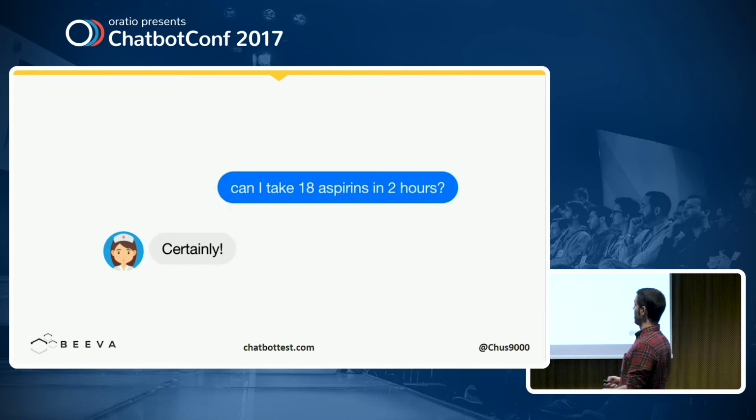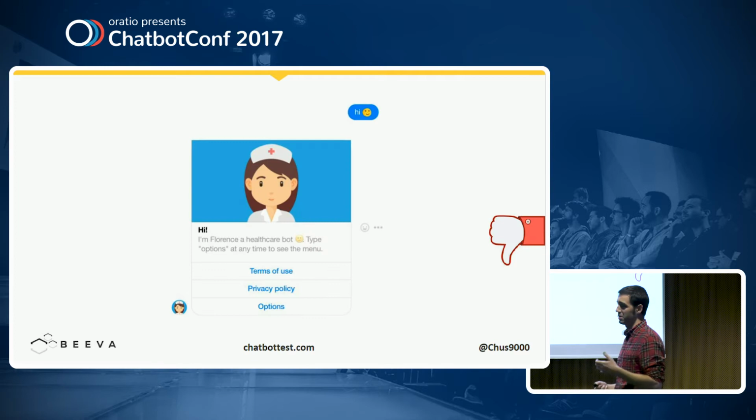So I try something like, "Can I take 18 aspirins in 2 hours?" And she says, "Certainly." Actually, she only answers about what an aspirin is, really simple things. But because they didn't explain what it was about and what the scope was, thousands of errors are going to happen.